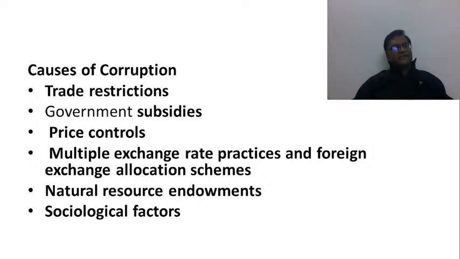Corruption takes place in a systemic manner, in a very organized manner. It means corruption is not a one-time activity. It is not the whims and fancies of the people. It is taking place in a highly organized manner.